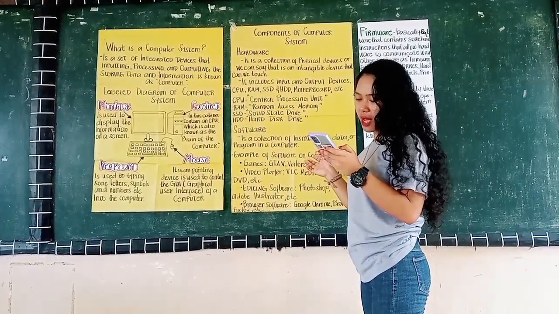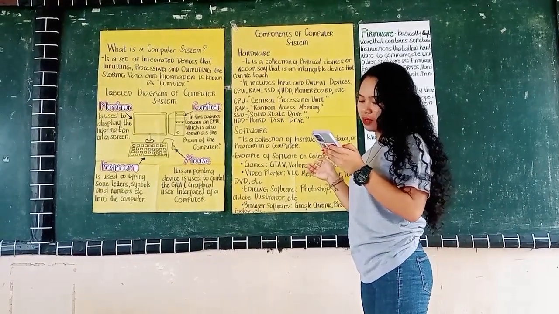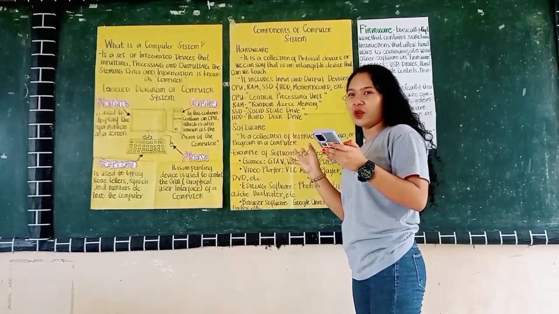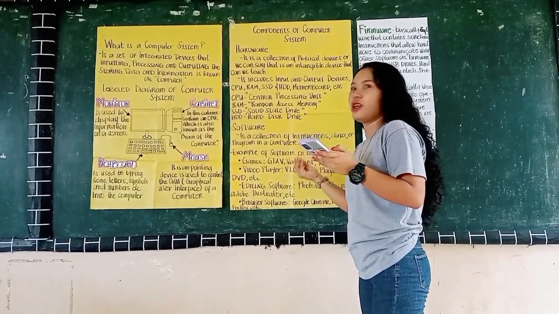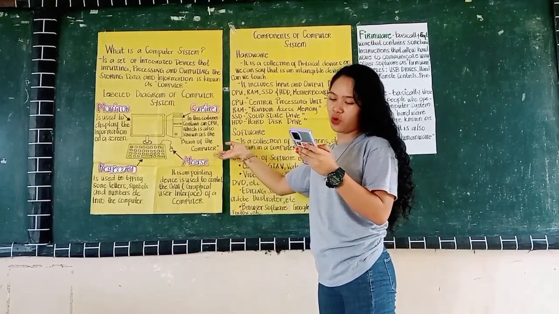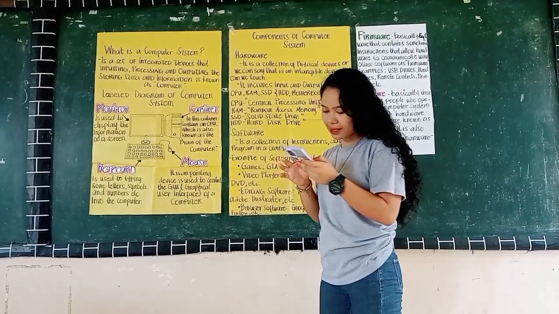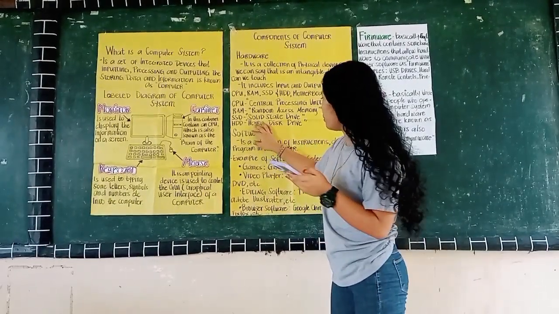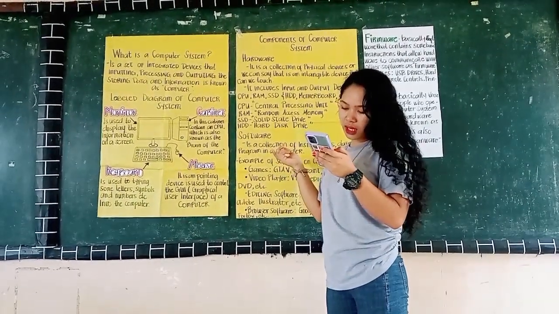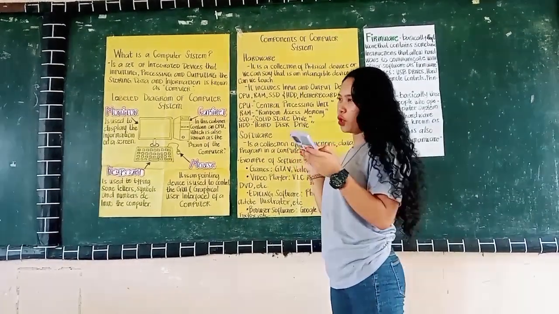RAM is used to provide storage to run the applications in your computer and is the primary memory of the computer system. So sa cellphone, meron tayong mga SD card. Tapos sa computer, ito yung memory ng computer, the RAM. Next, SSD and HDD, which are solid state drive and hard disk drive. Both are storage of the computer and are secondary memory of the computer.